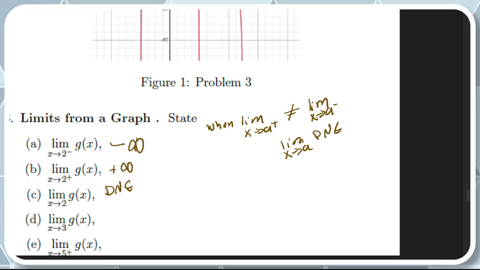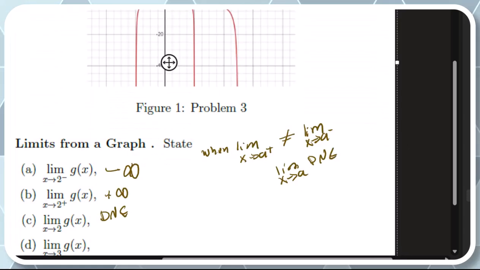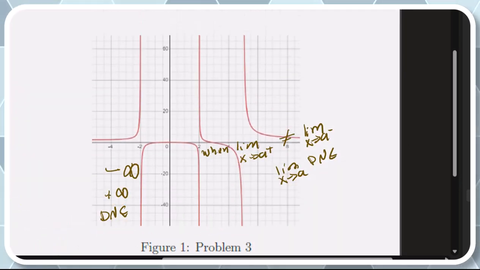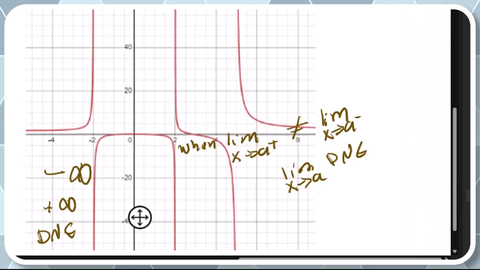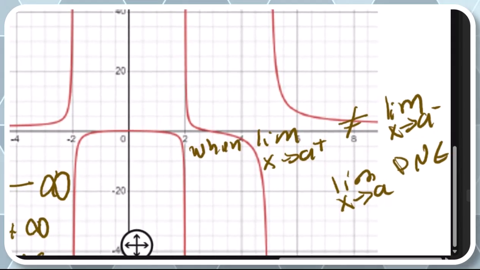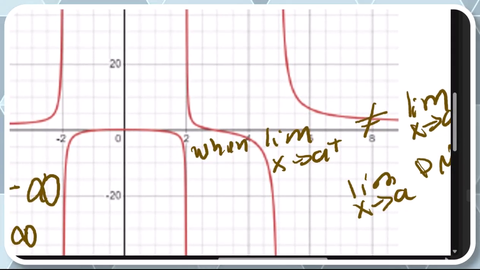Okay, what's the limit as x approaches 3 of g of x? So I come to look at 3, and I see that this is where x is 2, this is where x is 4, so this must be where x is 3.